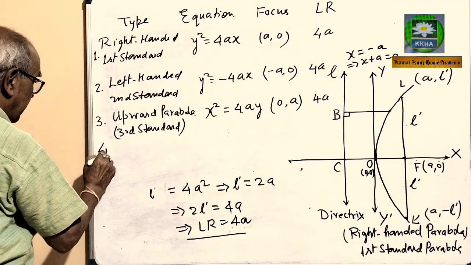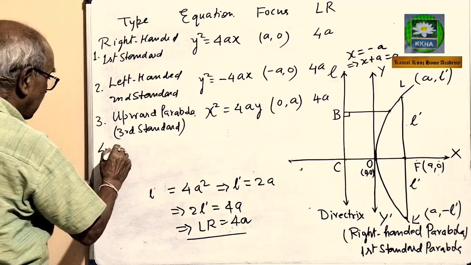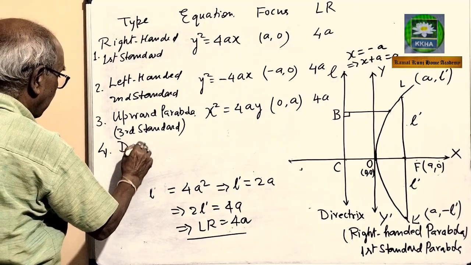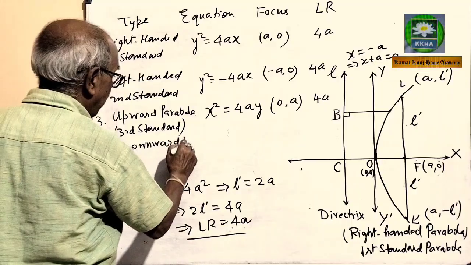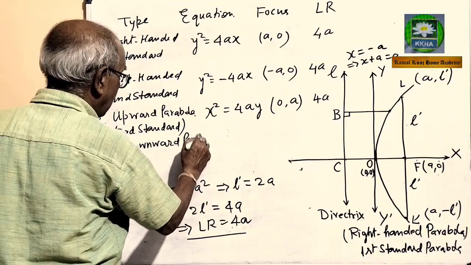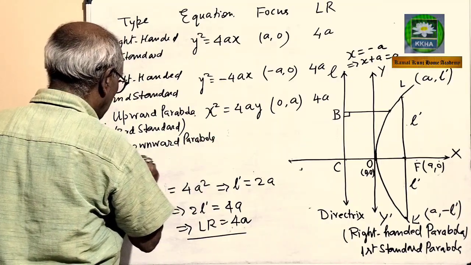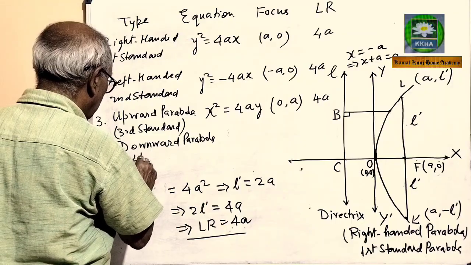And the fourth type is downward parabola, or say fourth standard parabola.